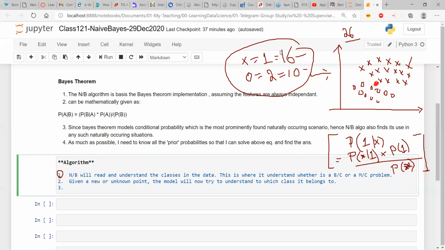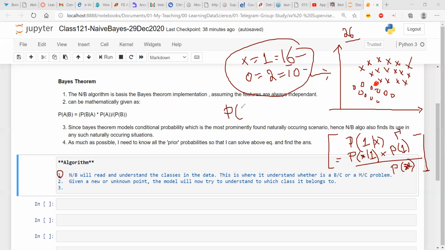One thing it can really calculate from the given information is the probability of class 1, because I have 16 favorable outcomes out of 26.